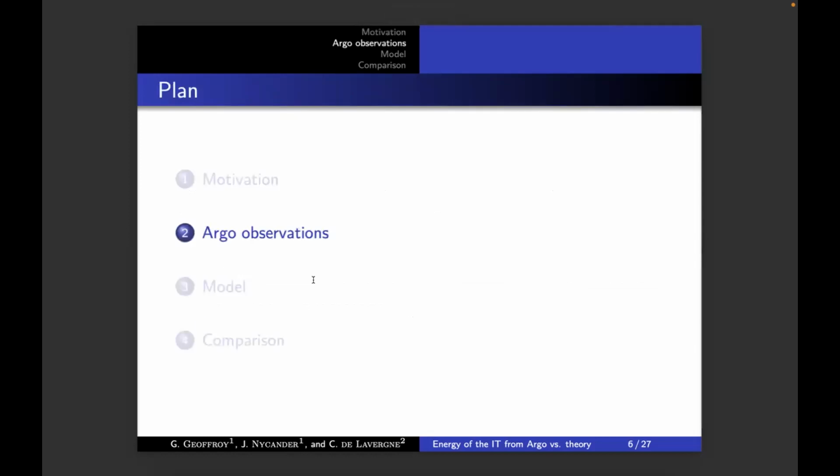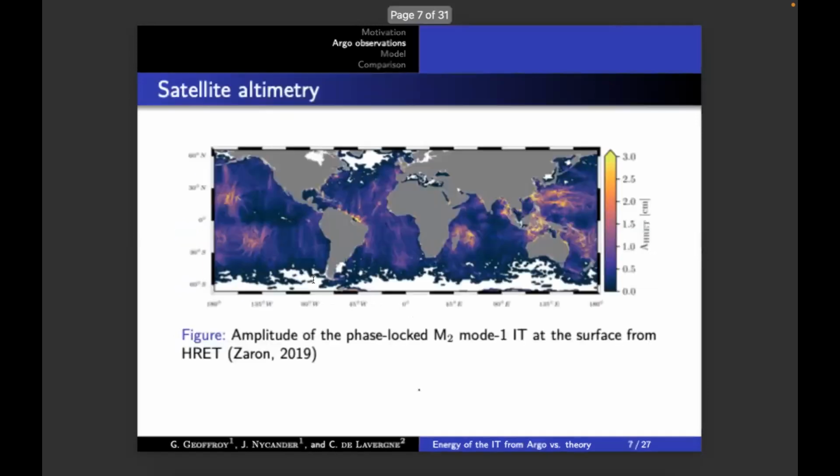These Argo observations actually come from a work that was published last year, and I will start by explaining why they are interesting to us. First, here is a map of the amplitude of the M2 mode 1 surface amplitude from satellite altimetry.